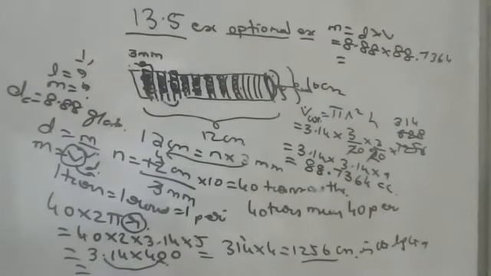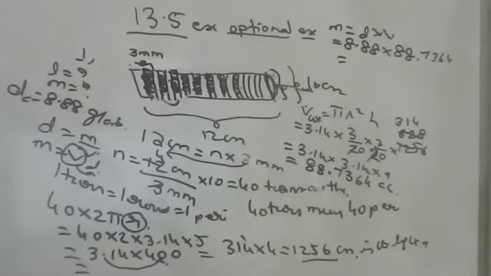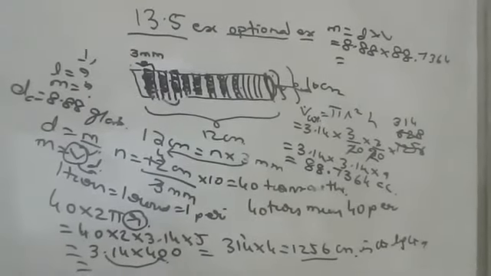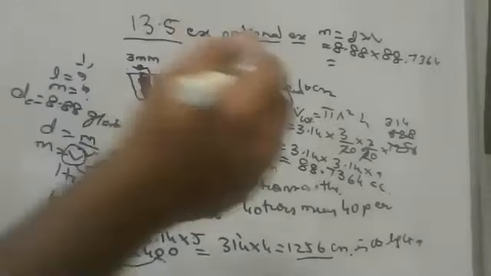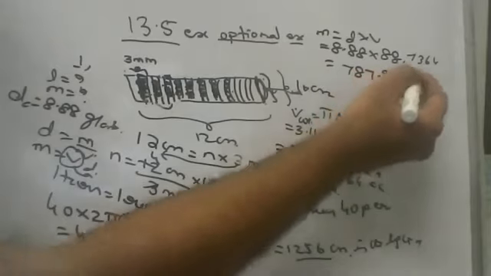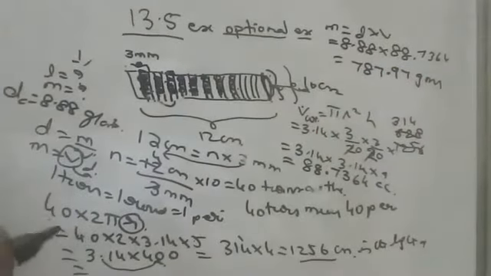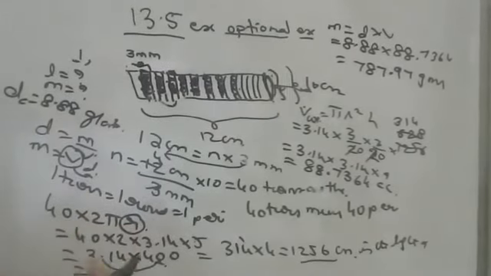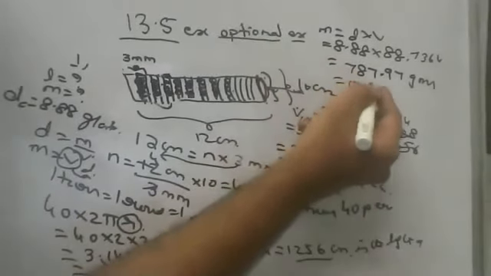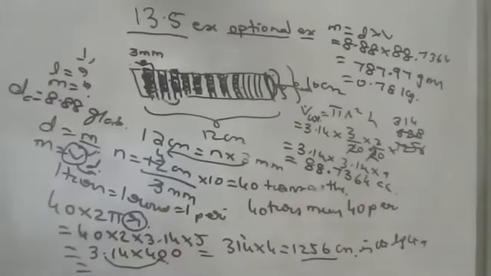So 8.88 into that, how much do you get? 787.97 grams. No, sir, we will convert into kgs. If you want to convert into kgs, you divide by 1000, that means 0.78 kgs. This is the answer.